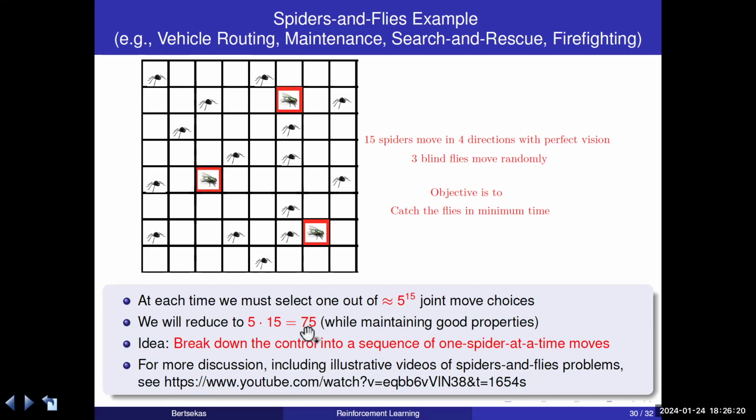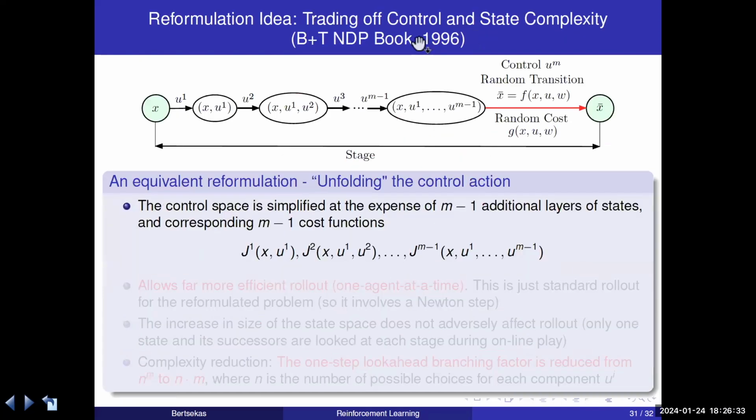So what I said is that there's a lot of reduction in the computational load while maintaining good properties. And let me explain why this is so. There's an old theoretical idea going back to the neurodynamic programming book of 1996, which reformulates the problem by unfolding the control action.